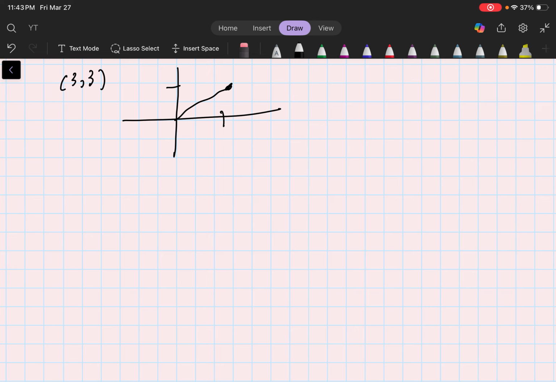Essentially, there are two very important things you need to know. First off, theta, or the angle, is always equal to the arctangent of y over x.